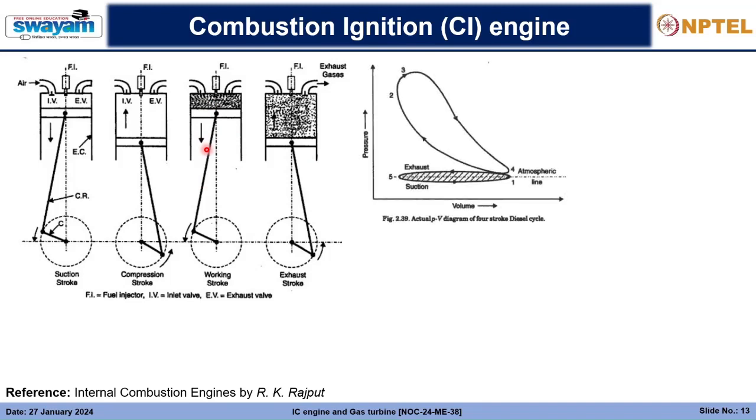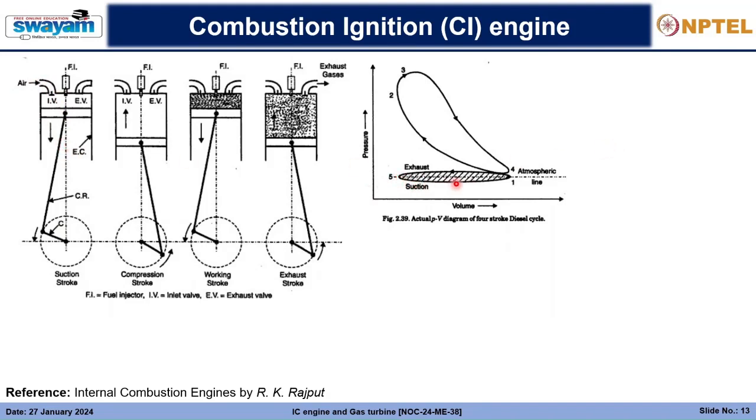So this was the compression ignition engine's strokes, and this is the PV diagram for those strokes, the actual PV diagram. Initially at the beginning of the suction stroke, it will have to reduce the pressure in order to take the air inside, only air, not air fuel mixture.